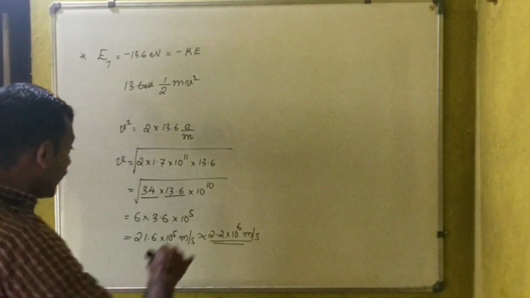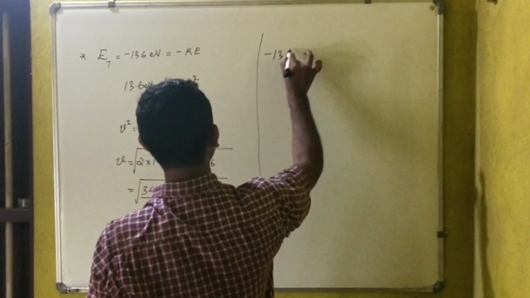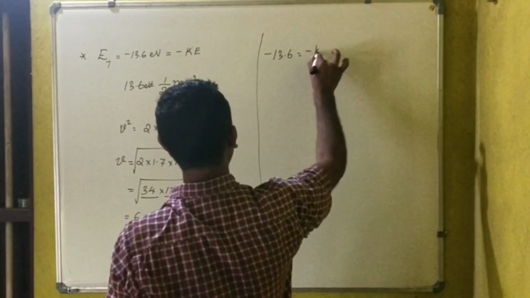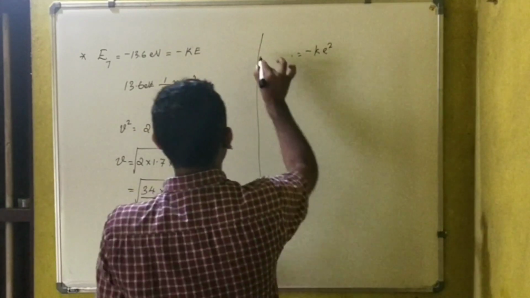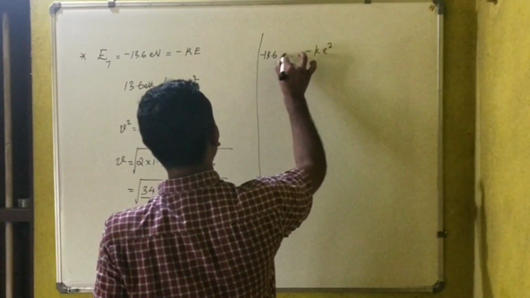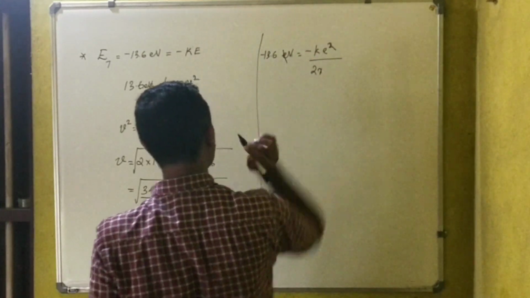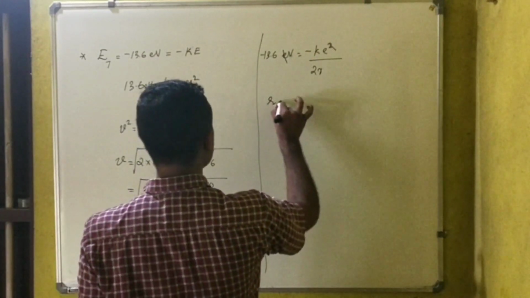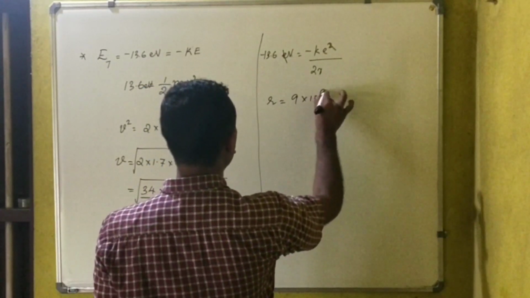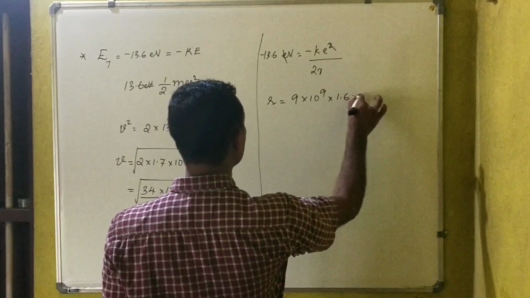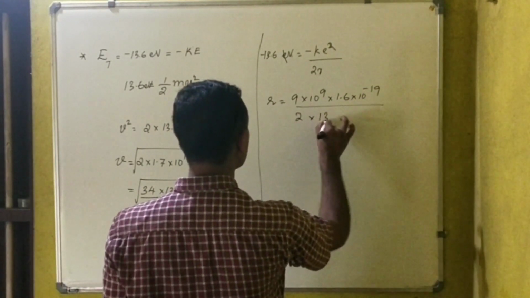Now the second thing we need to find out is the radius, right? Again I will say minus 13.6 electron volt is equal to minus k e square by 2r. Here one electron volt is 1.6 into 10 to the power minus 19 joule. So r is equal to 9 into 10 to the power 9 into 1.6 into 10 to the power minus 19 divided by 2 into 13.6.